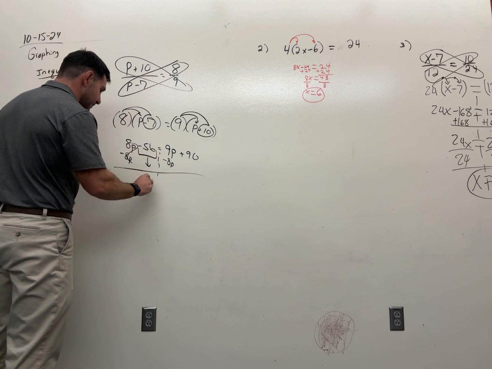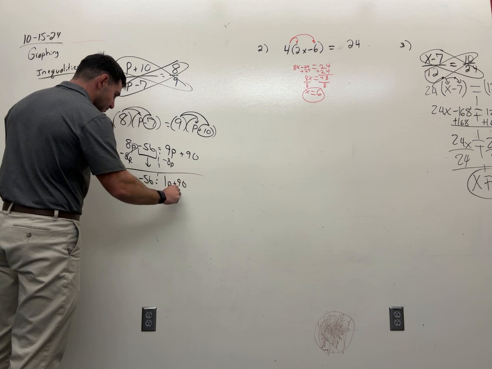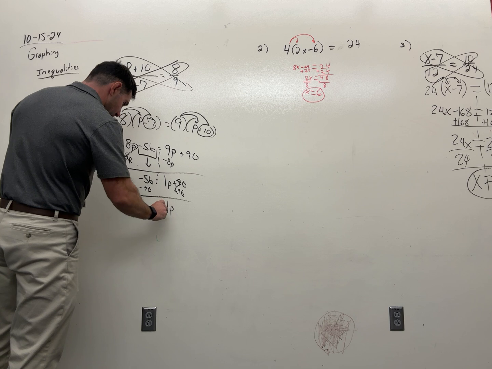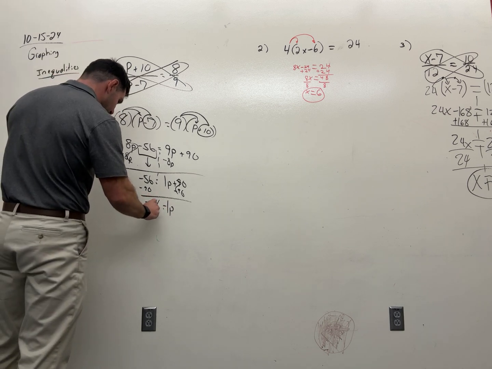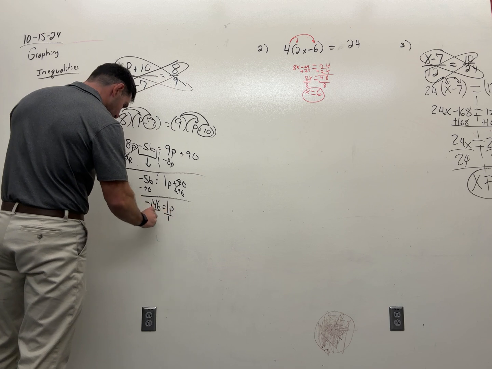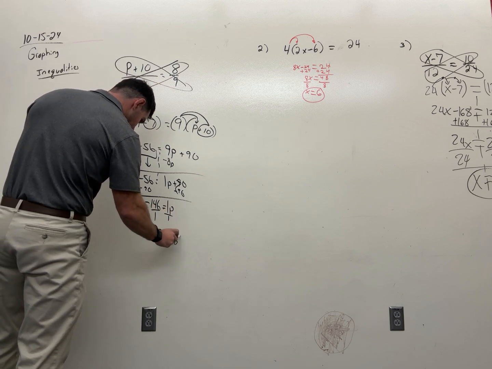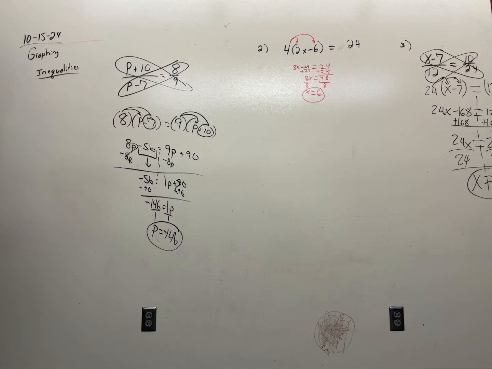That leaves me negative 56 equals 1p plus 90. I subtract 90 from both sides. That gives me 1p equals negative 146. Divide by 1. P equals negative 146.